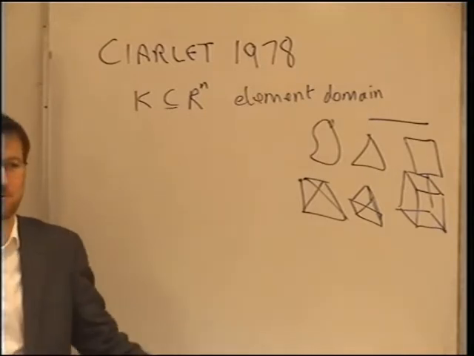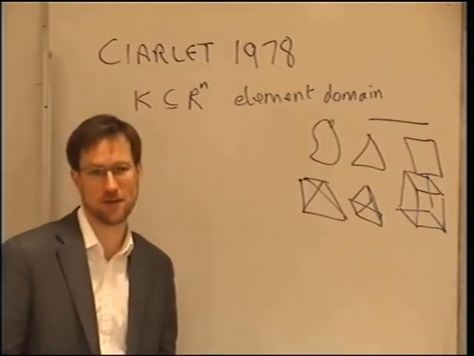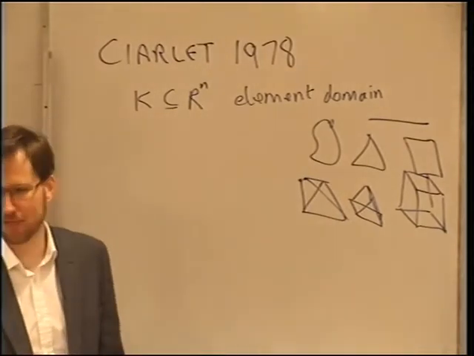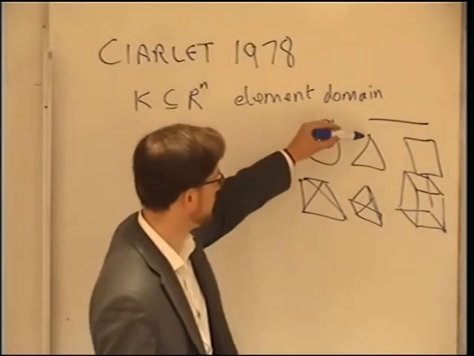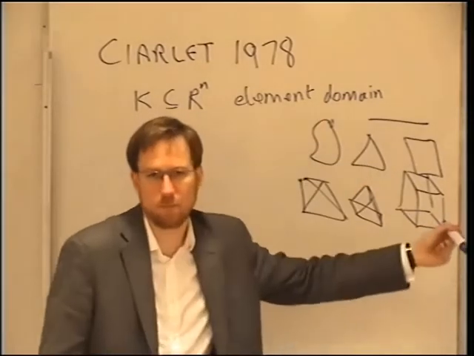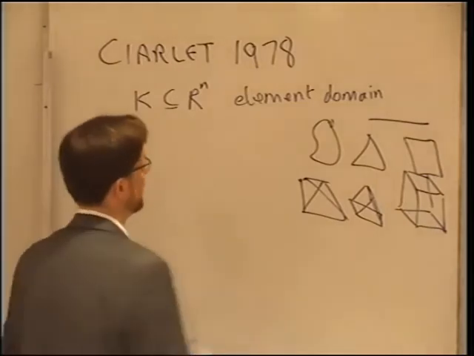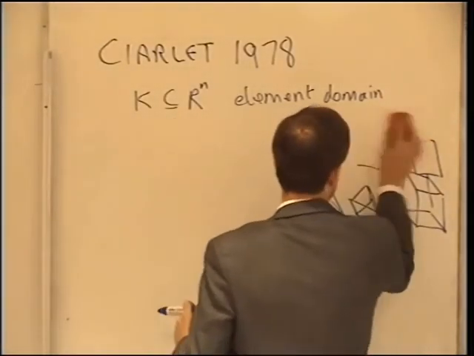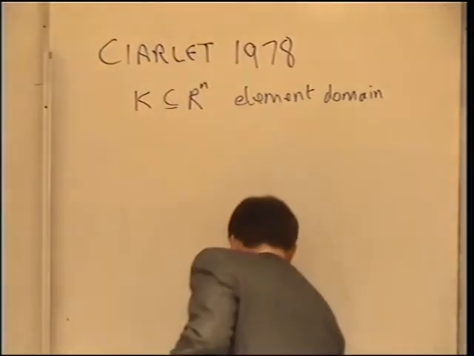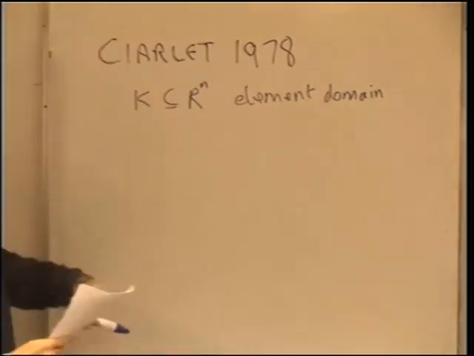It also, it turns out, makes it difficult to construct the polynomial spaces as well. So it's actually a good thing that the requirement is only piecewise smooth. So we have smooth sections, and then we go around the corner and we have another smooth section. That's what piecewise smooth means in this context. Okay, so that's one of the 3 things that we need to have in order to have an element.